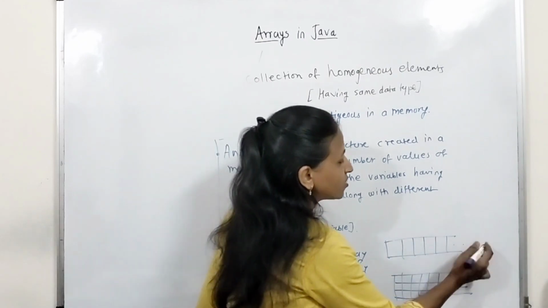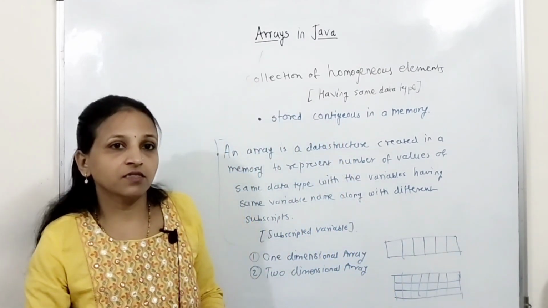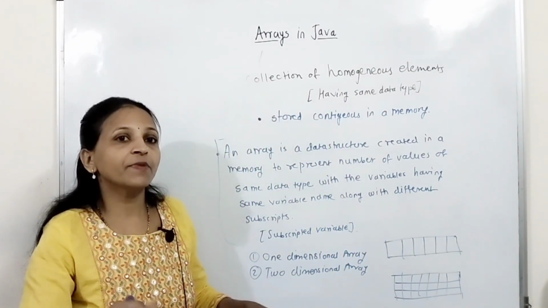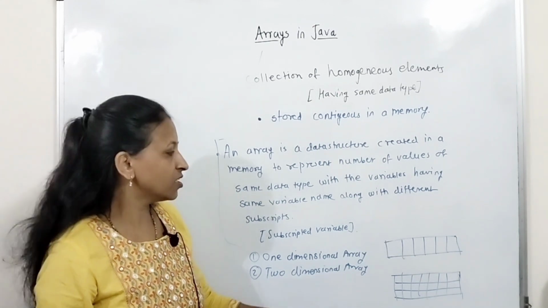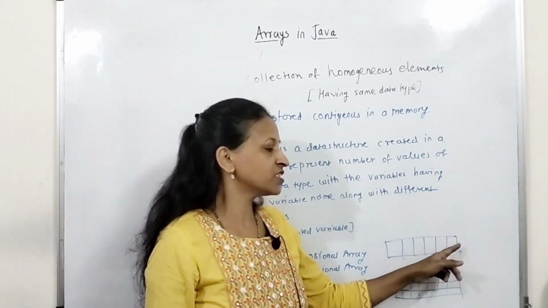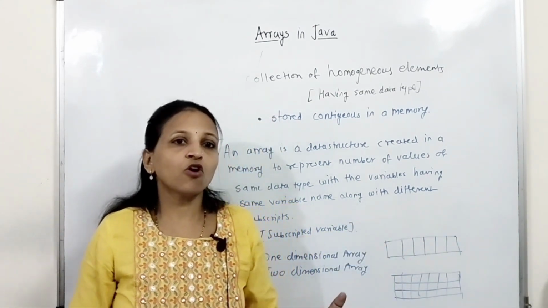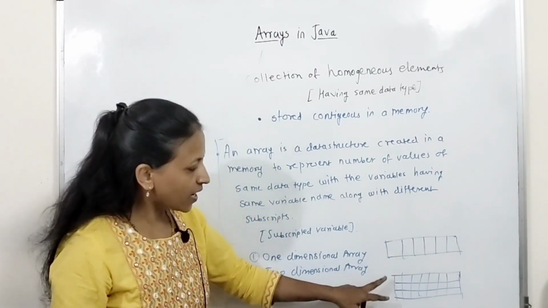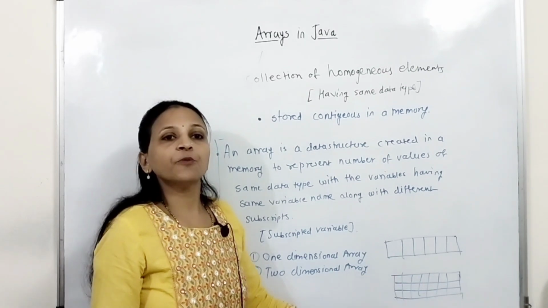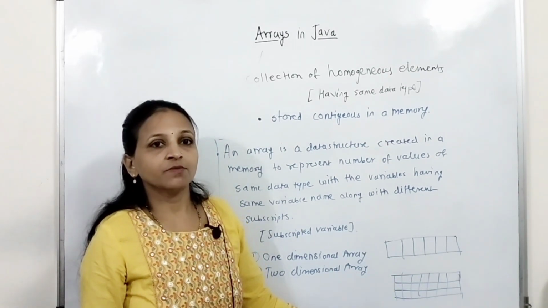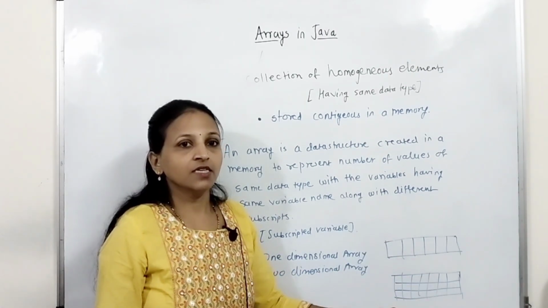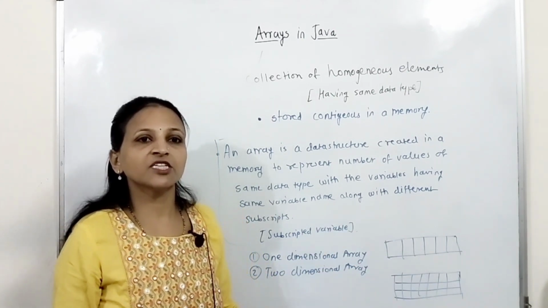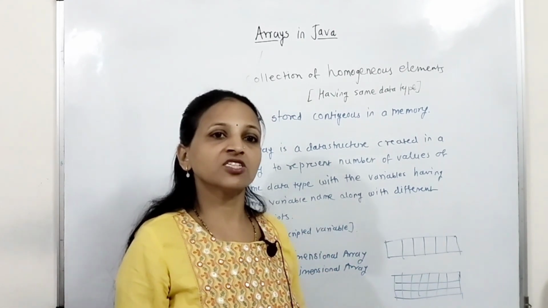There should be a fixed size. Okay, the elements of that array will have a fixed size. Means here I am just grouping 1, 2, 3, 4, 5, 6 elements of the same data type, then that is a one dimensional array. And here, I am just creating a group of multiple one dimensional arrays, means an array of arrays you can say. This is the concept of a double dimensional array or two dimensional array.